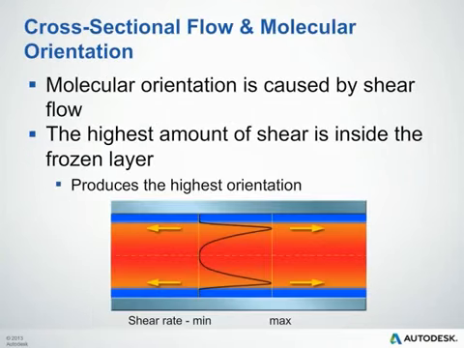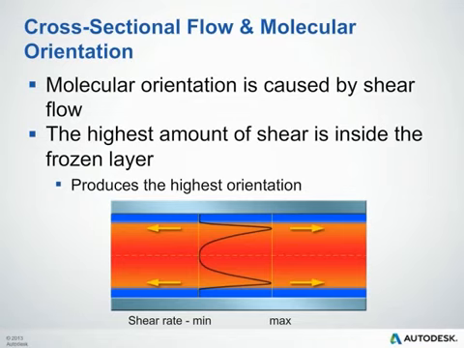Cross-sectional flow and molecular orientation. Molecular orientation is caused by shear flow. We have a laminar flow, and shear is basically being captured by the difference in velocity between the different layers.